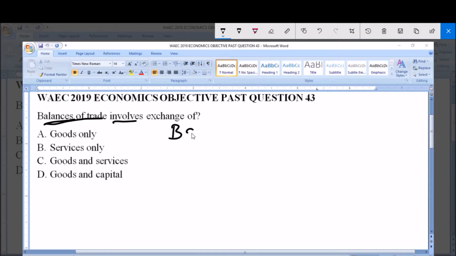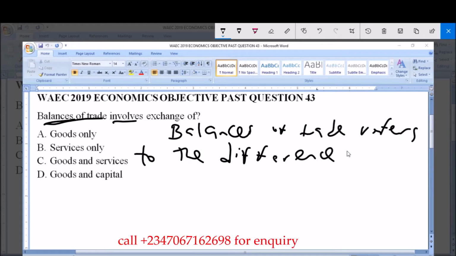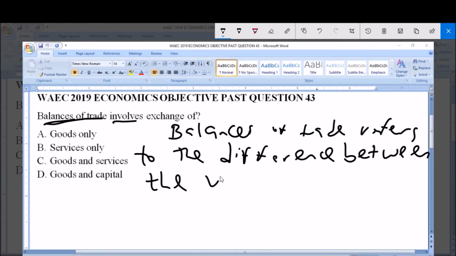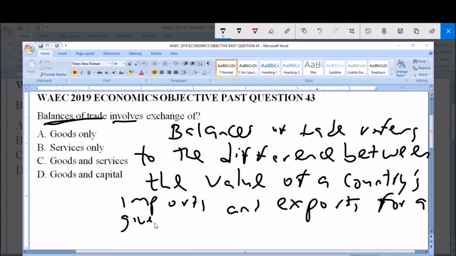Now, balances of trade can be defined or refers to the difference between the value of a country's imports and exports for a given period.